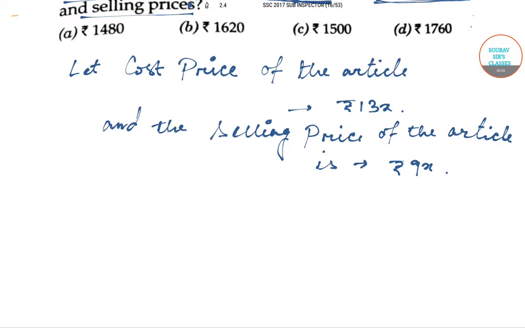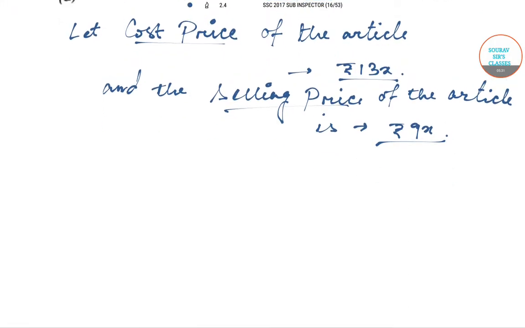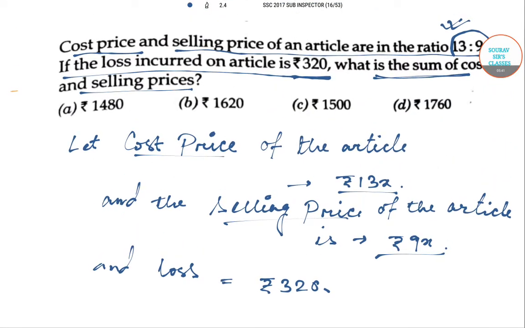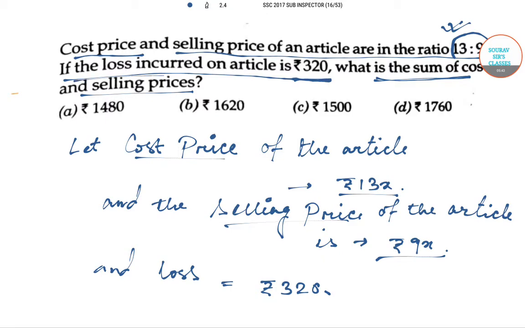So we are assuming that the cost price is 13x and the selling price is 9x. Now the loss is given, and loss is equal to rupees 320. This is given in the question.